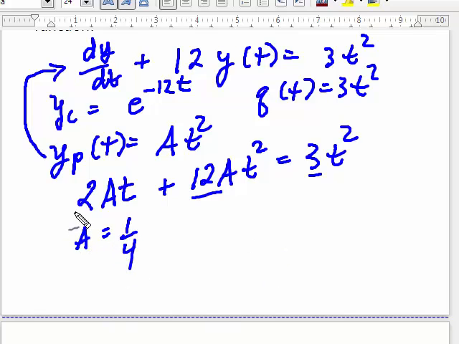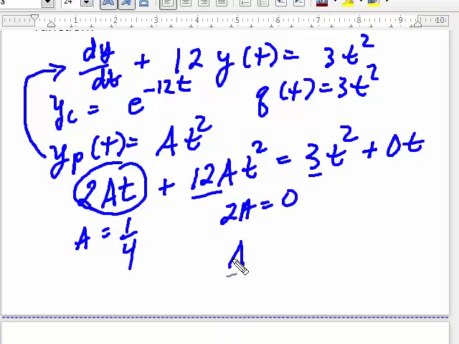Okay, now I have this equation. I can't ignore it, but what's that term over here? It's 0t, correct? So I would have 2a equals 0, so now I have another solution for a equals 0. And of course you can't have those two solutions for a, so this doesn't work. Now I'm going to try it again doing the rule that was listed in the table.